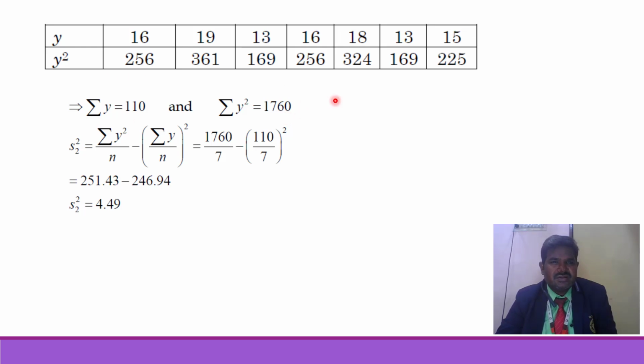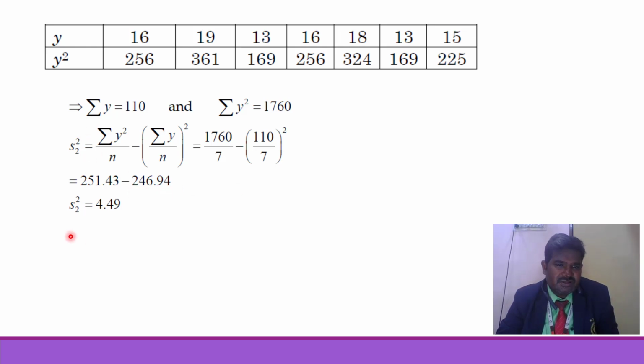So from this we can calculate S2 square by using the formula summation y square by n minus summation y by n whole square. So 1760 by 7 minus 110 by 7 whole square. The first simplification is 251.43, the second simplification is 246.94.